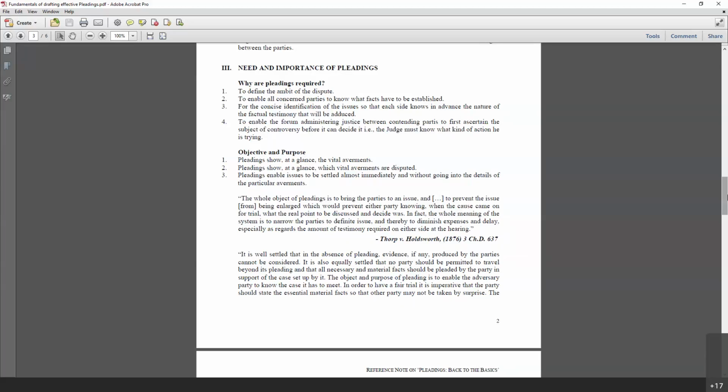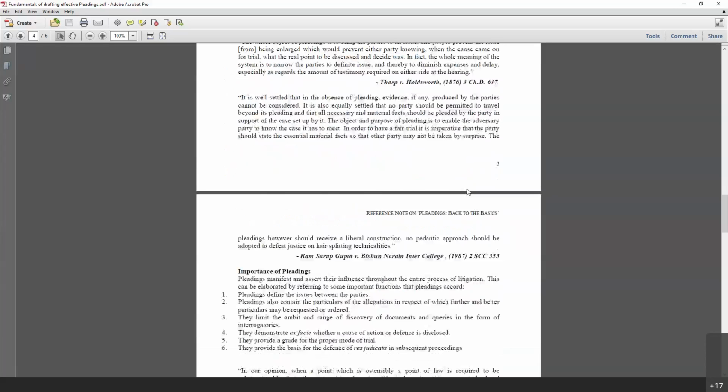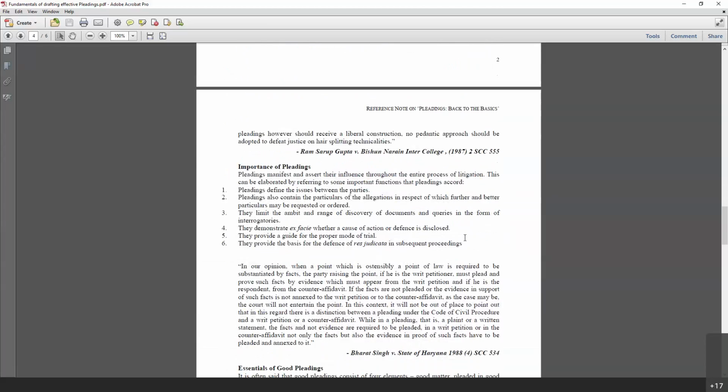So, in a writ petition, even if you don't have a formal proceeding where the judge concerned will list out the issues, ultimately, when the matter is adjudicated, those issues will come to the fore. For instance, there's an issue of maintainability. If there is an issue as to whether there is a violation of a constitutional right, if there is an issue as to whether the facts of the case justify a particular result. So, issues, whether they are expressly contemplated under the particular statutory mechanism or not, are elements which essentially undergird and underlie every form of adversarial civil litigation. Now, therefore, pleadings are very, very important in this context.